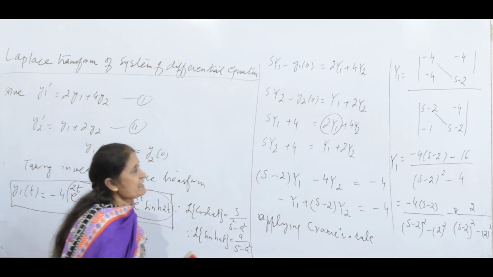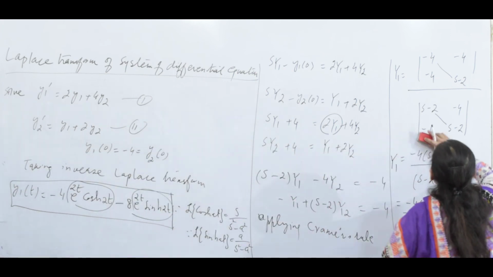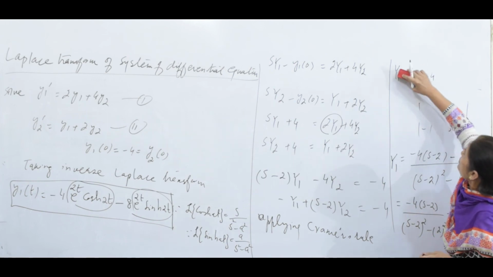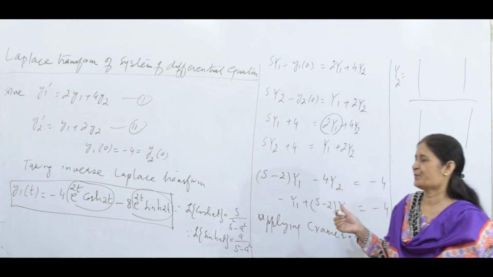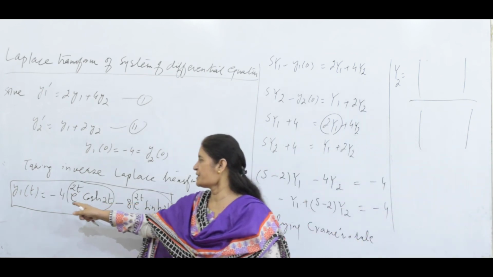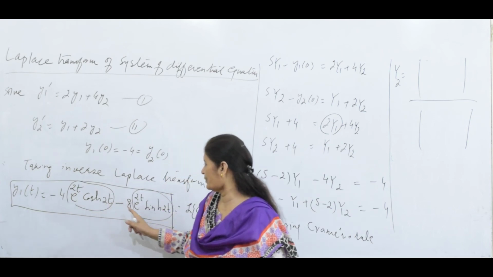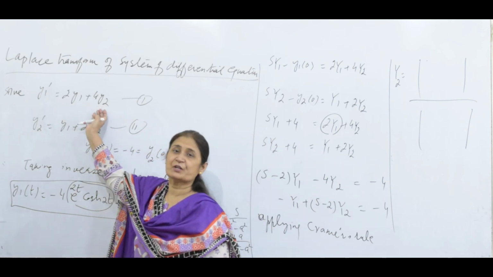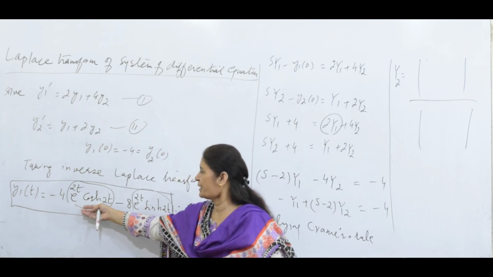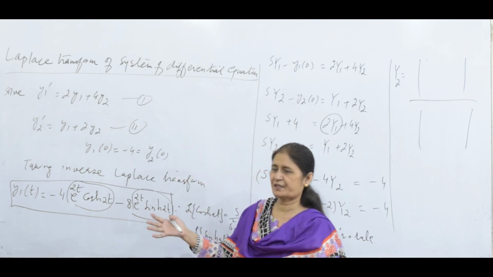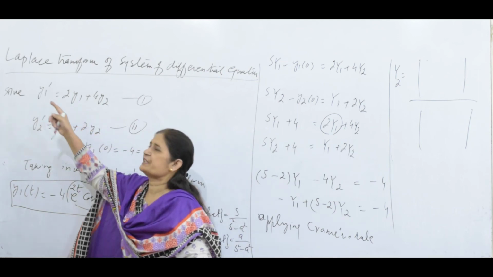So the best idea is to use Cramer's rule for y2. Because taking the derivative of y1 to find y2 is difficult, as this is a big function. You have to apply the product rule, then simplify, then put the values of the derivative.